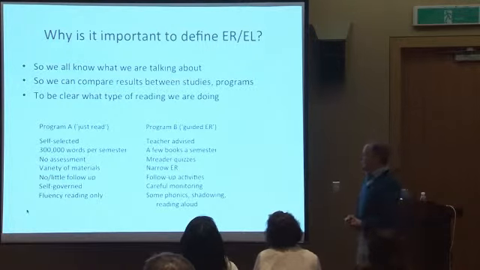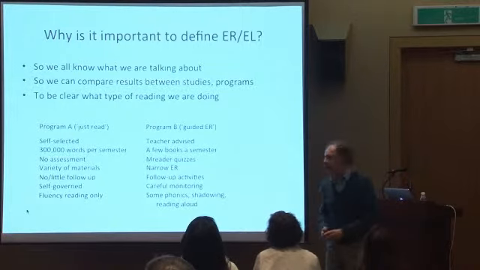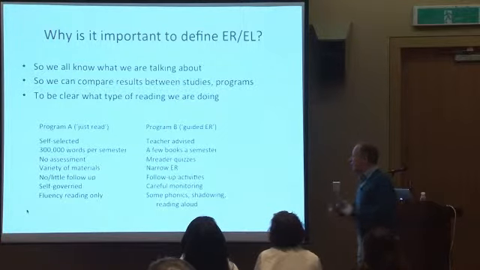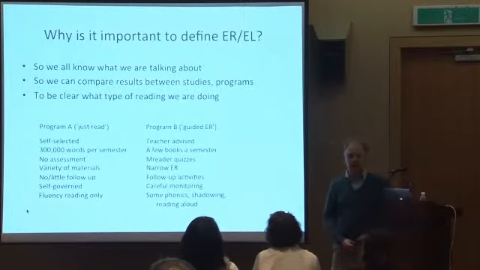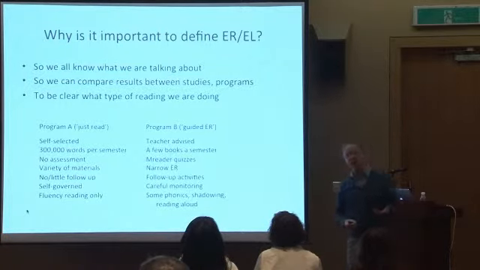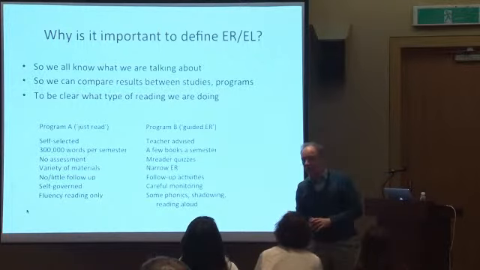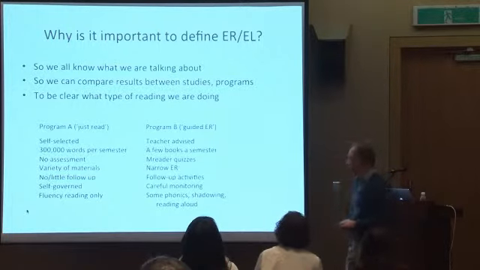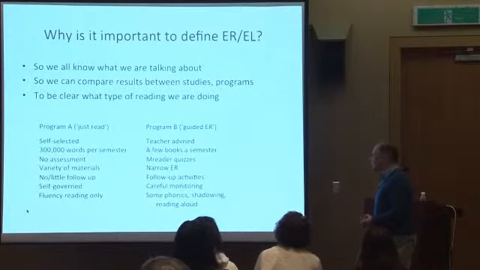So imaginary program A is a let's just read type of extensive reading, which is self-selected by the student, 300,000 words a semester, no assessment, variety of materials, and so on. So it's basically just get your book, sit down and read. That's all we do. Whereas the program on the right, again, is a hypothetical one, is teacher advice. So the teacher would say, well, why don't you choose this book, or why don't you choose that book, or recommended by students. Relatively few books a semester, maybe 3 or 4 books a semester. That's all they can manage in that particular program. We've got the M-Reader quizzes, quite narrow ER.